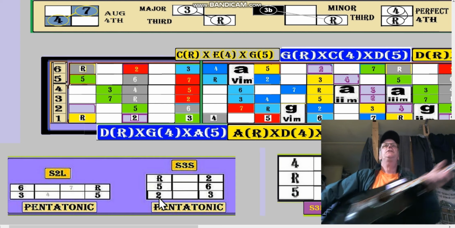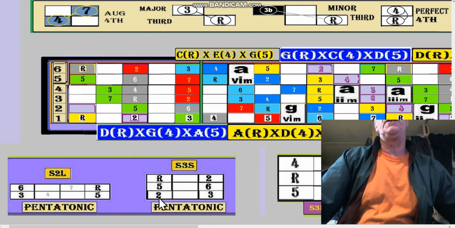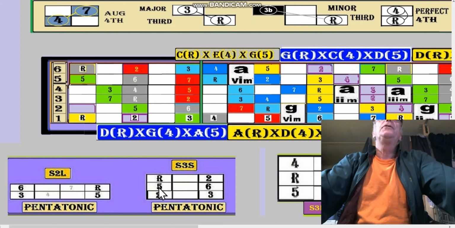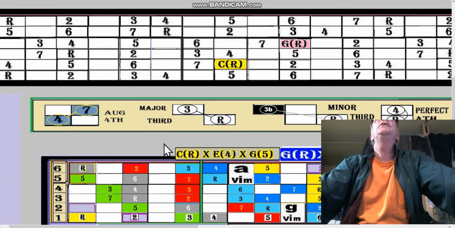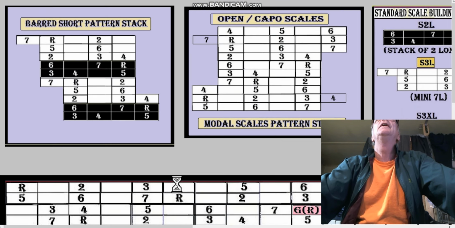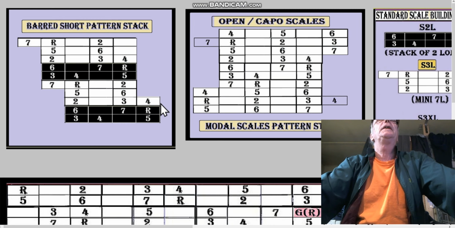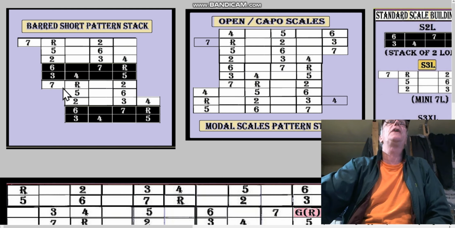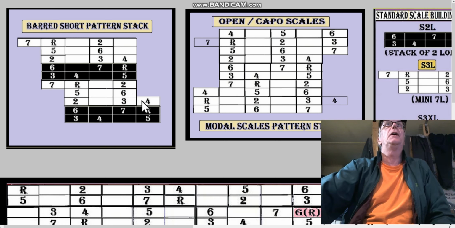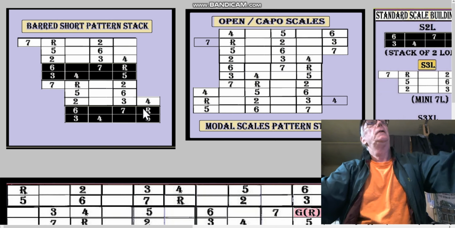So this is how we build the pentatonic scales, using this box and this box, okay? And we're going to use the already drawn here. So we have the S2L. Just in pentatonic, just leave out the 4 and the 7 in the S3L and the S2Ls, and you get your pentatonic 3, 5, 6, root.